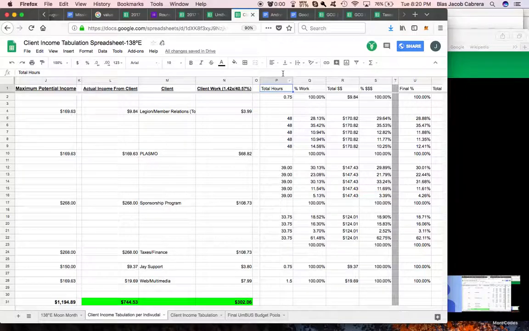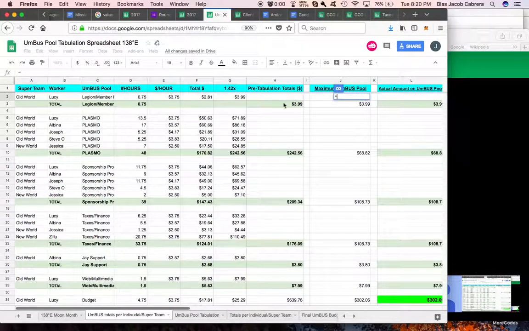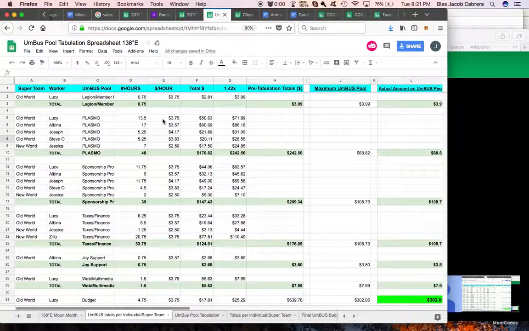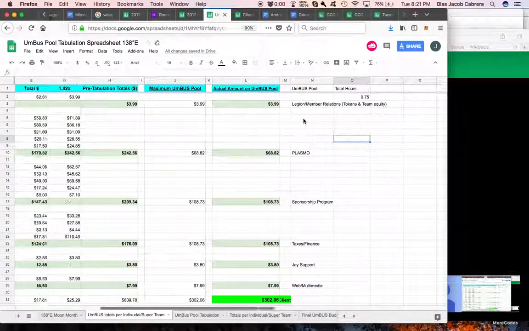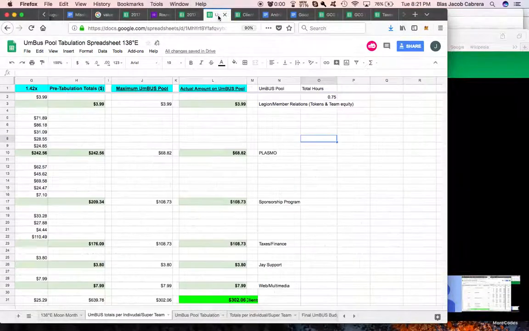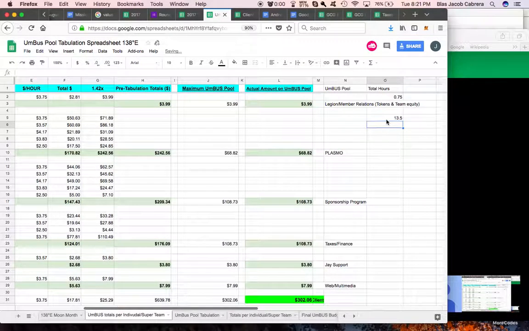Total hours per person. Yeah, it's per person. So we're going to go here, and then we have plasma. Wait, did I do the whole thing all the way down? No. So this is the total number of hours. This should work.